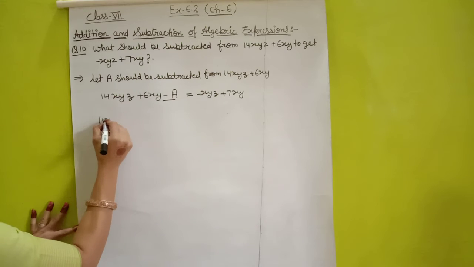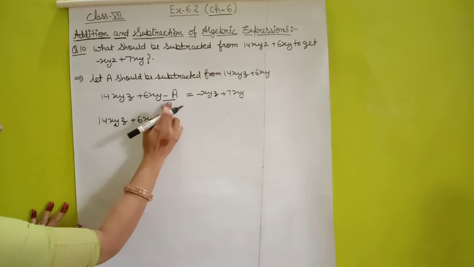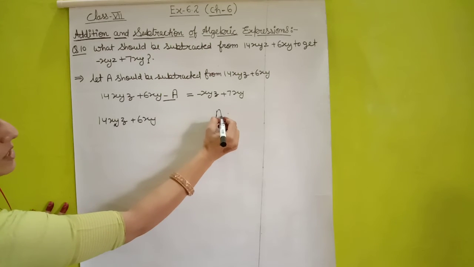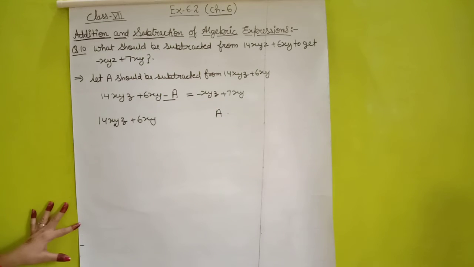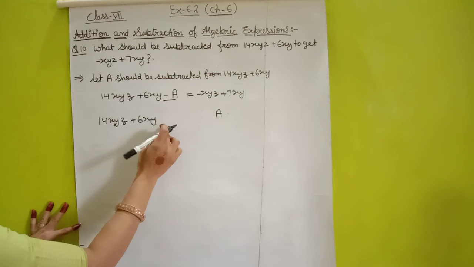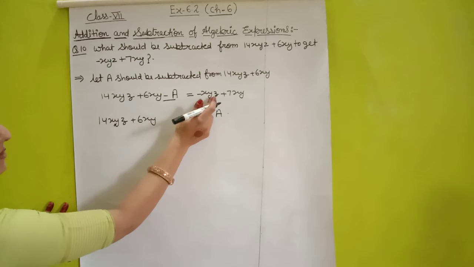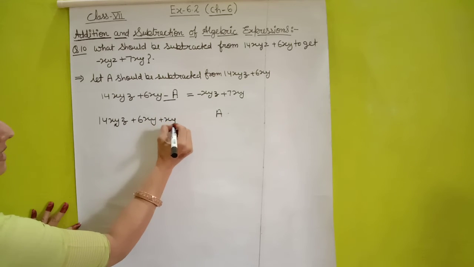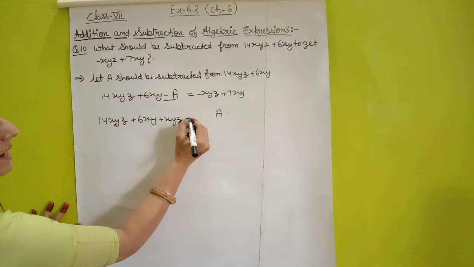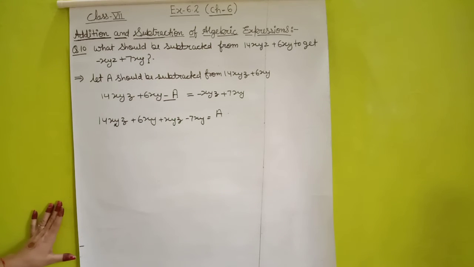So 14xyz plus 6xy, a we will transfer there, it will go with the plus sign. And this xyz and 7xy we will transfer to this side, so their sign will be opposite. Xyz will be plus xyz and 7xy will be minus 7xy, is equal to a.